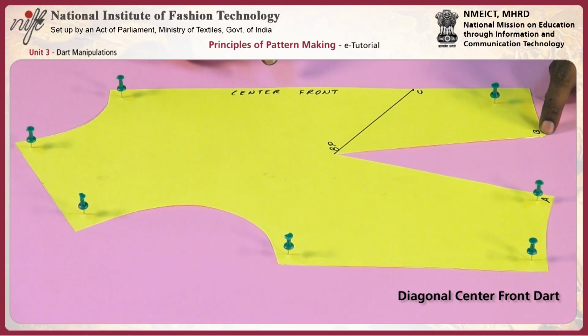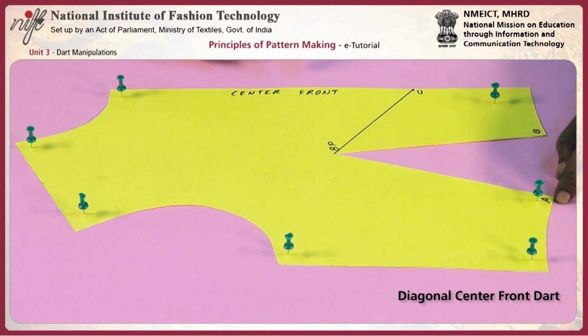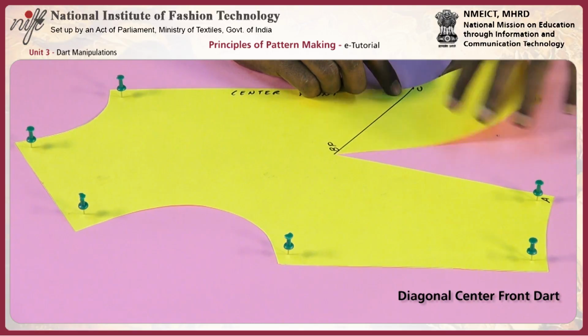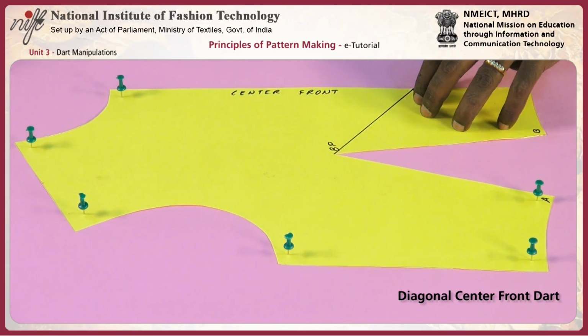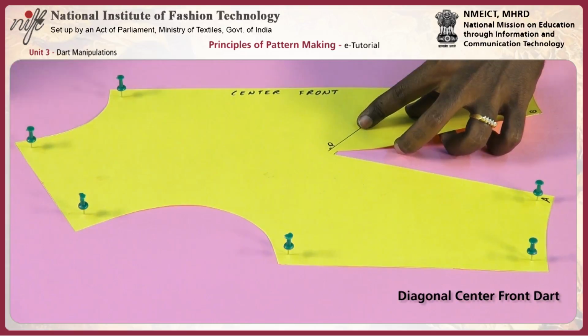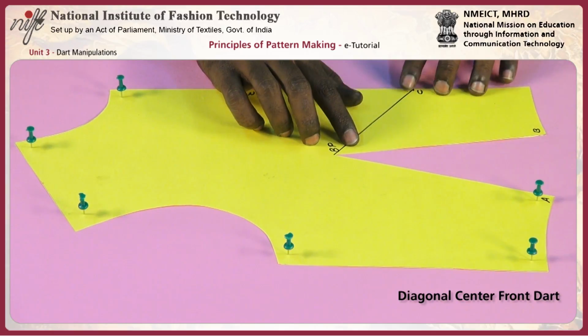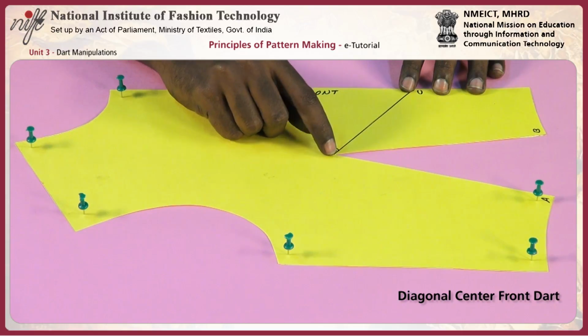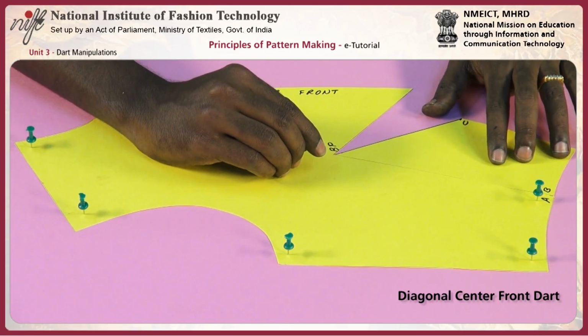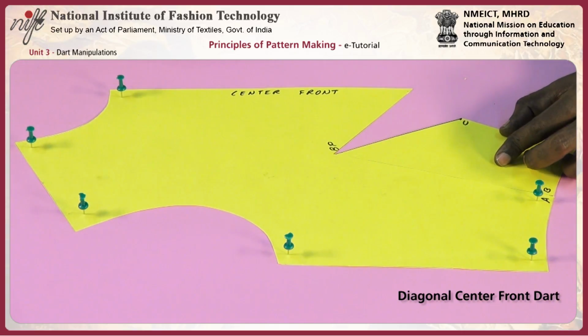Now you have to move B to A so that the waist dart will be closed and the dart will open at C. Pivot at the bust point and move B to A. It will make dart open at C.